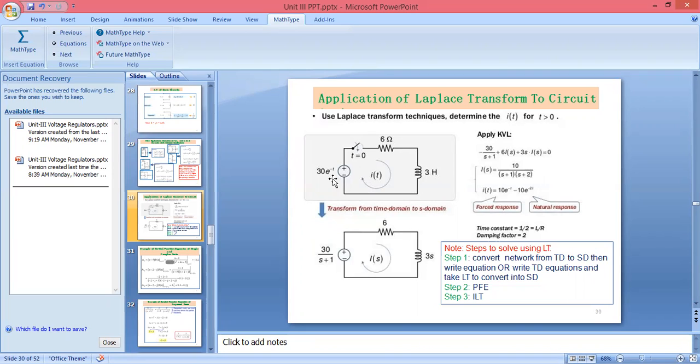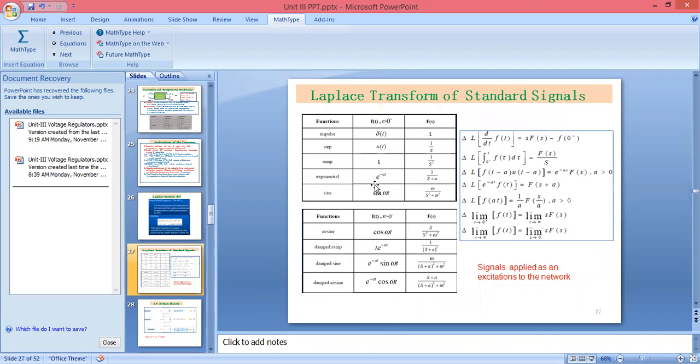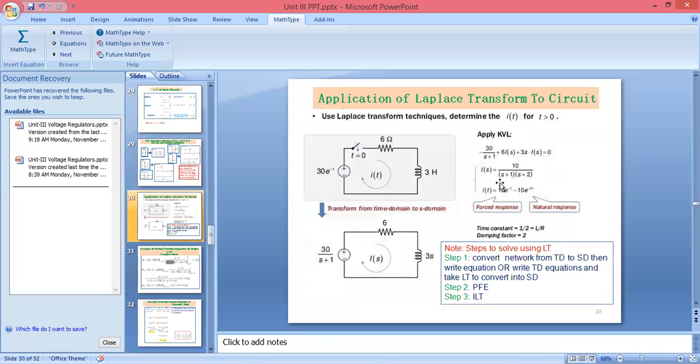Now we are supposed to take the Laplace transform of 30 e to the power minus t. We have the rule: e to the power minus at gives 1 upon s plus a.